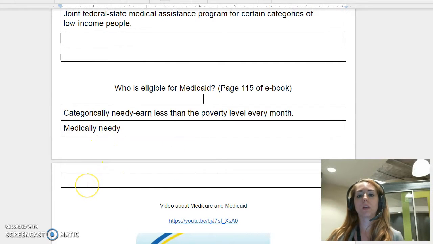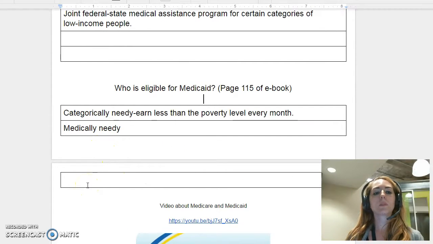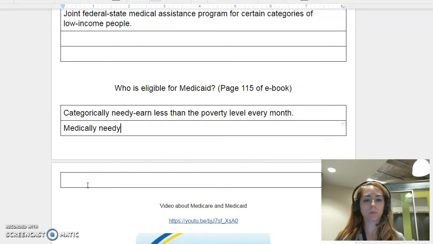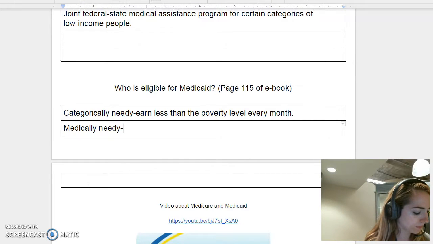Moving on to who's eligible for Medicaid. This would be the categorically needy, people earning less than the poverty level each month, and also the medically needy. That's on page 115 of your book.